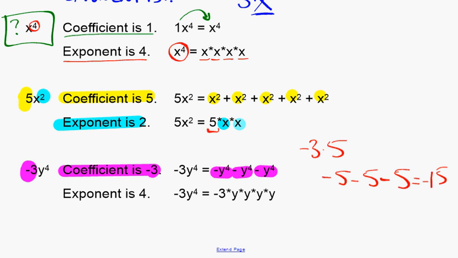So it's minus y to the fourth, minus y to the fourth, minus y to the fourth power. 1, 2, 3 of them. Now, because the exponent of this example is 4, then we know that it's y times y times y times y 4 times. Don't forget, we still have that coefficient there.